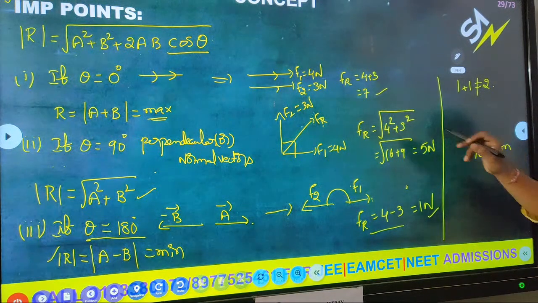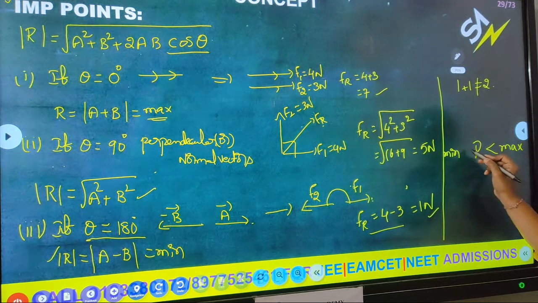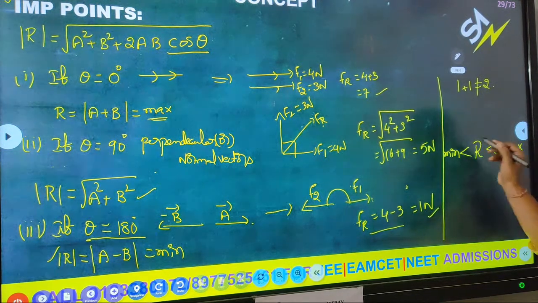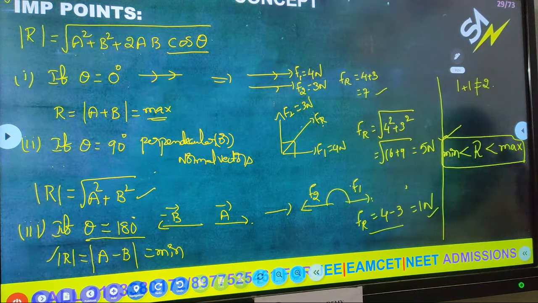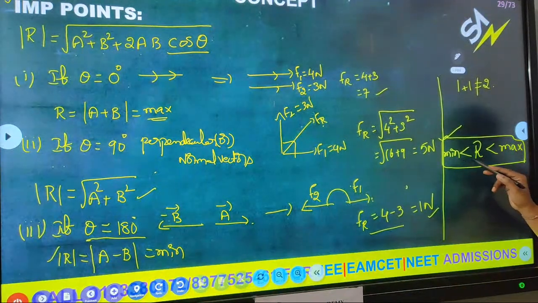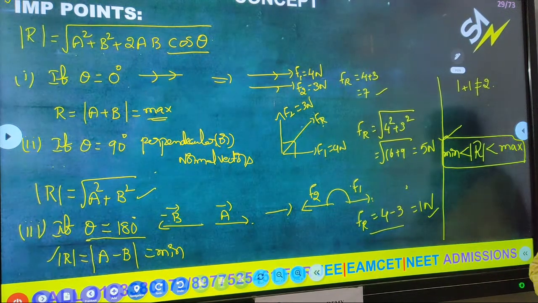So the resultant of these two vectors is less than the maximum value and greater than the minimum value. This condition we need to keep in mind to solve the magnitude of the resultant of any two vectors. So the minimum value is less than the magnitude of the resultant of two vectors, and that resultant will always be less than the maximum resultant of the two vectors.